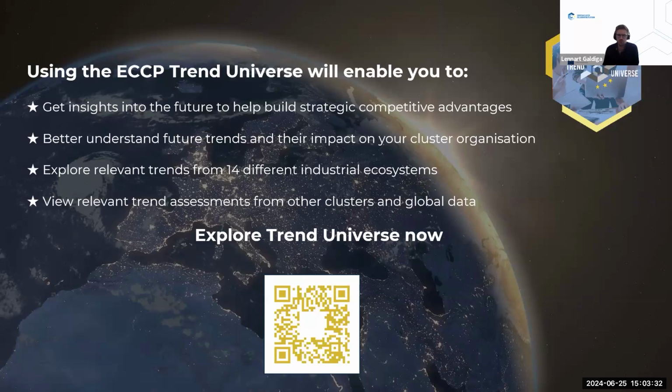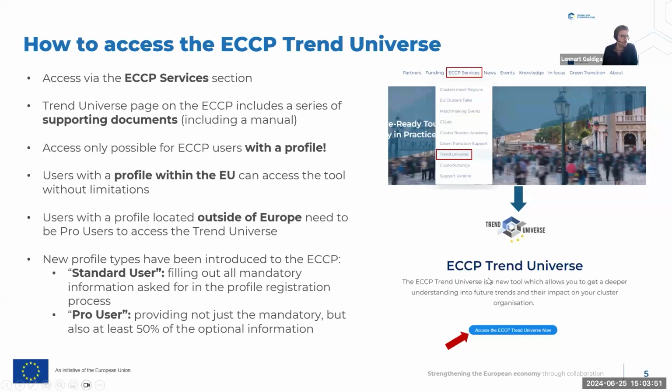And for you, it's really important to know which topics are coming up, to pass this information into your network, but also to see which trends there are and which impact they can have on your organization, but also on your member organizations.